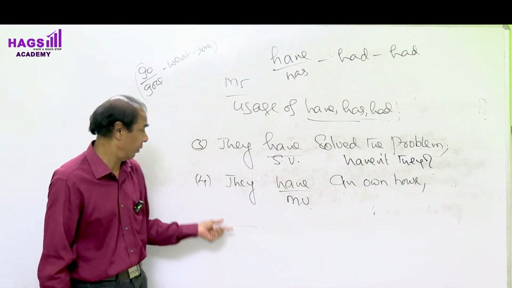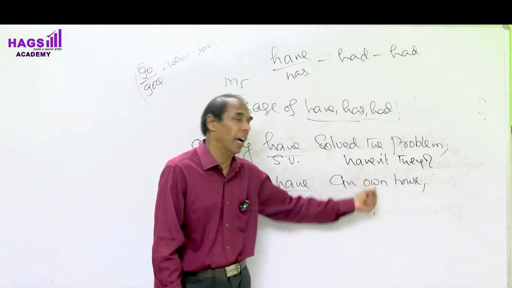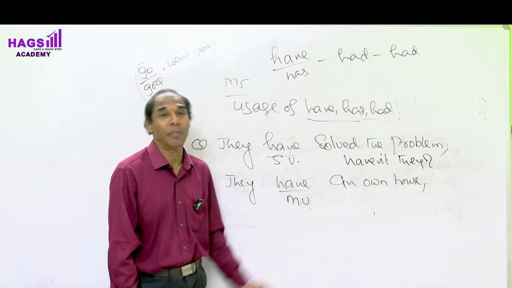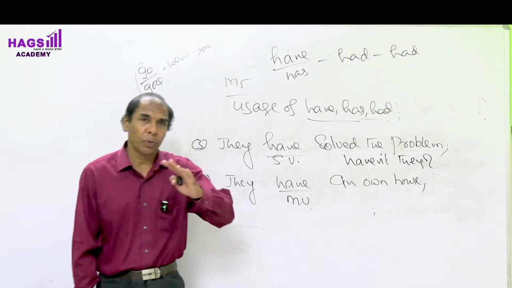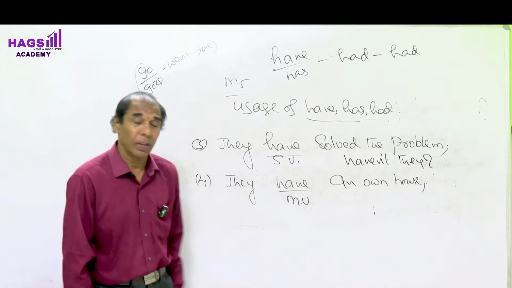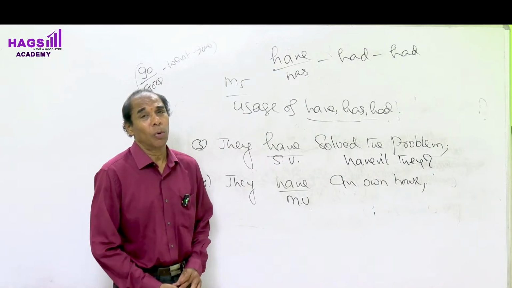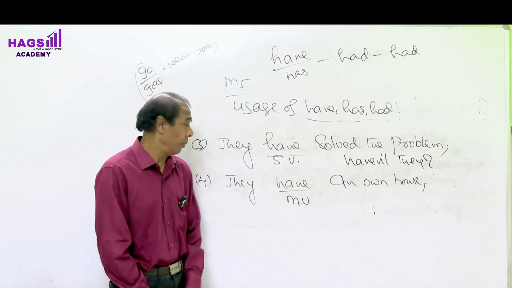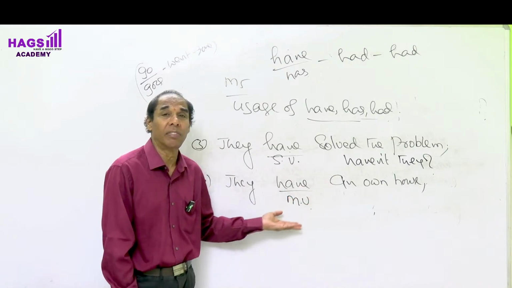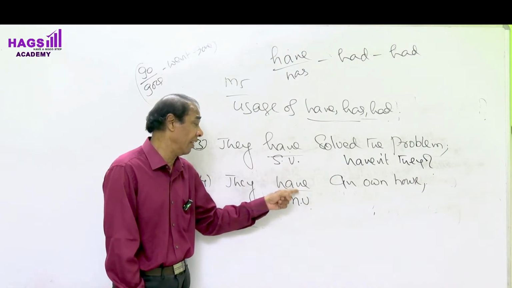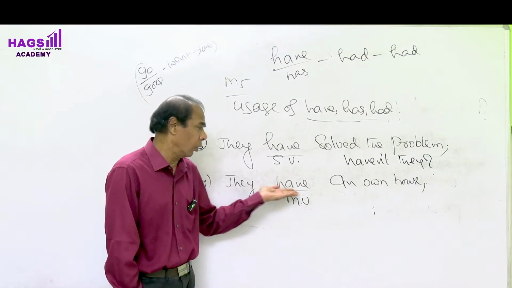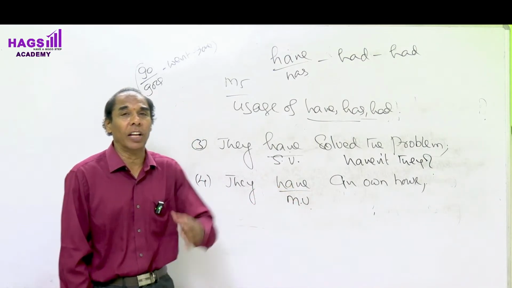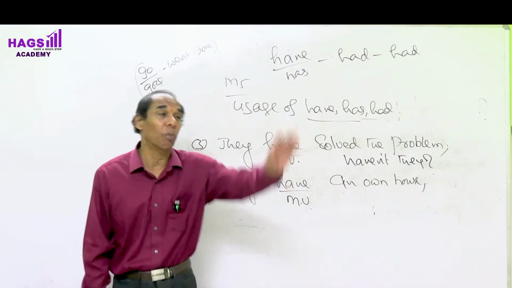Now, fourth sentence. They have an own house. Have is main verb. The sentence is positive, so the question tag must be negative. Negative means put not after the special verb. But we have no special verb in this sentence, because have is acting as main verb, not special verb. When there is no special verb, what do you have to do?